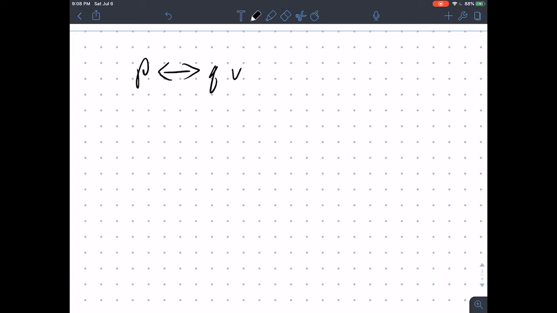Q or R. No, wait, never mind. I need a better example. That's a little weird. So let's do P if and only if P or Q and R.